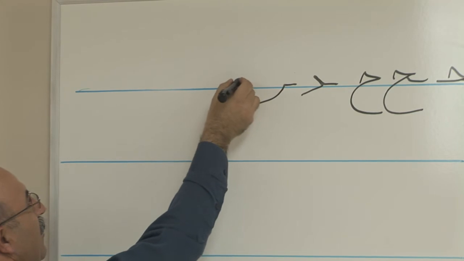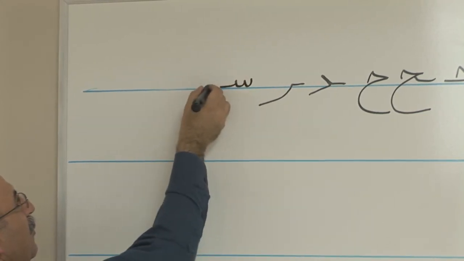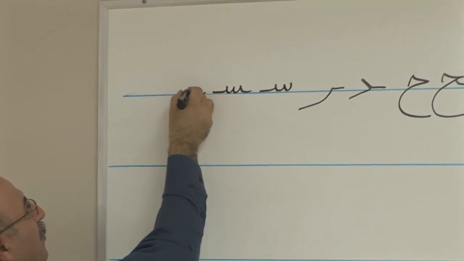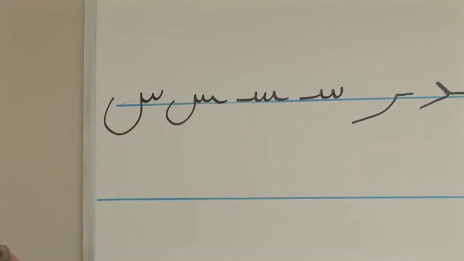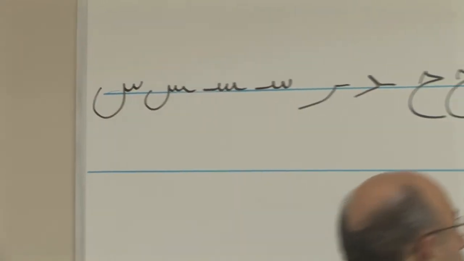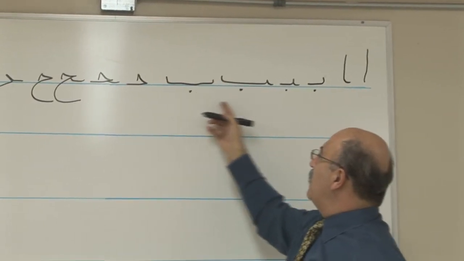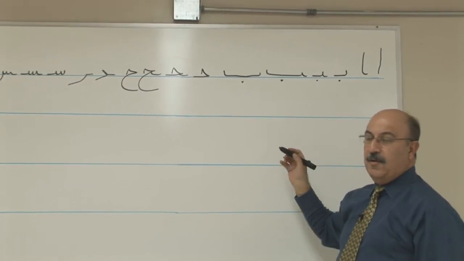As for sin, it has initial, middle, terminal, and of course, the standalone. As you can see, the four forms are needed to form words.